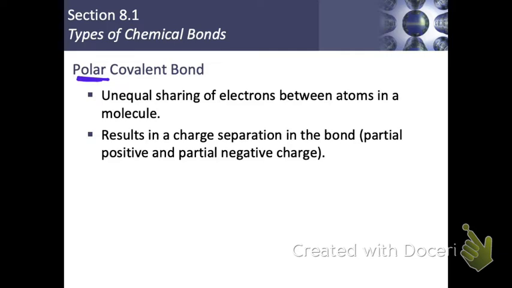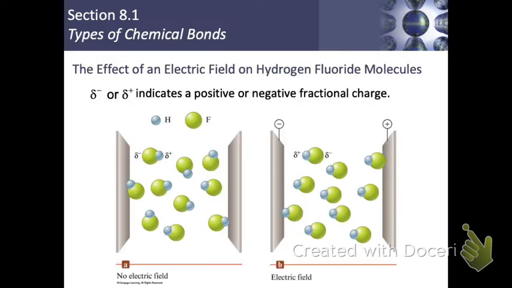Here's an example of all of these molecules with a partial positive and partial negative. Version A is when they're not in an electric field. There's nothing pulling those electrons one way or the other. In diagram B, you see an electric field with a negative side and a positive side.